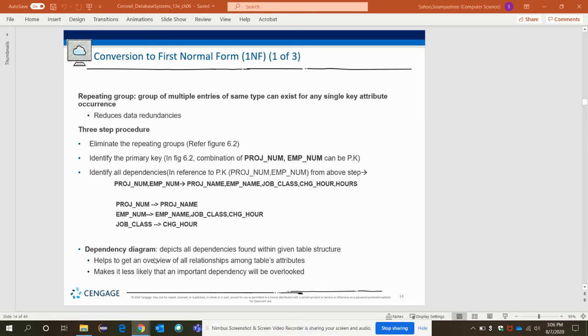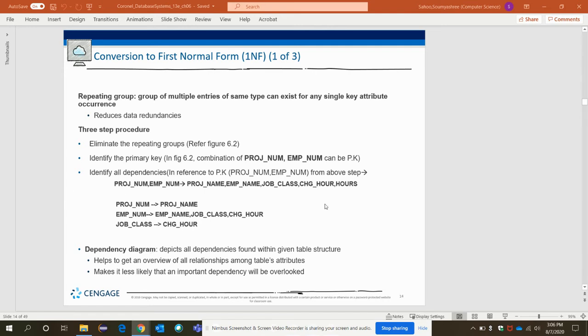Okay, now dependency diagram. So here it depicts all the dependencies found within the given table structure and helps to get an overview. The dependency diagram is actually easier for you to know the basic structure of a table.